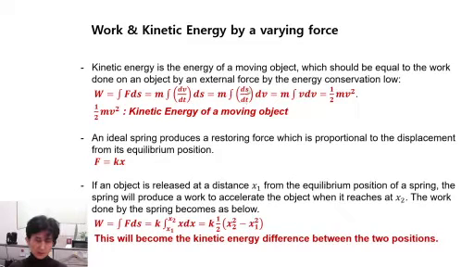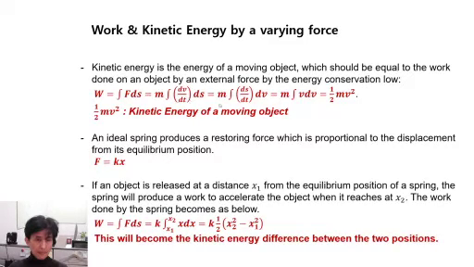The derivative of a distance with respect to time is nothing but the velocity. So we can rewrite this as m times the integral of v dv. Integral of v with respect to v becomes 1 over 2 v squared. So we can write down 1 over 2 m times v squared. That's the kinetic energy of an object.